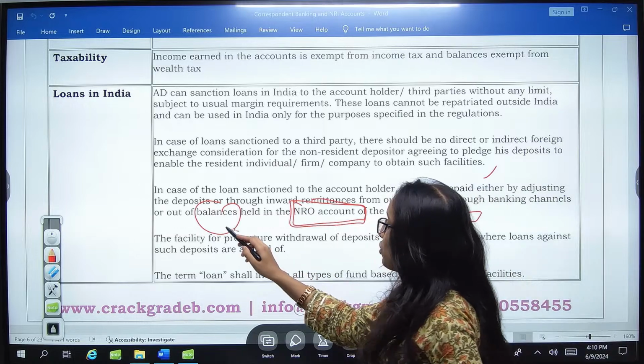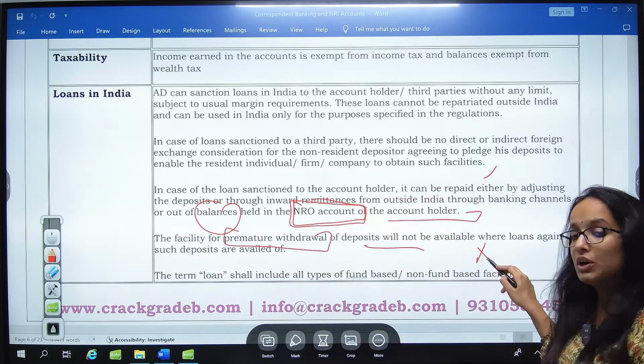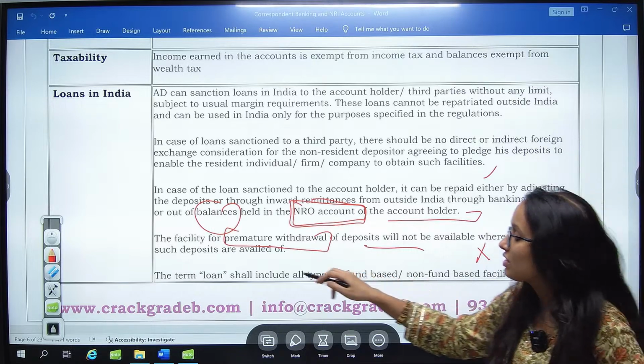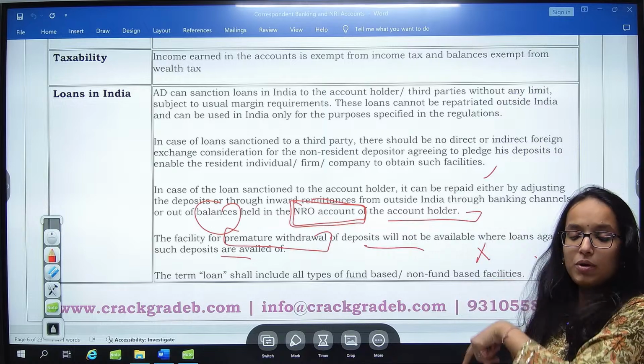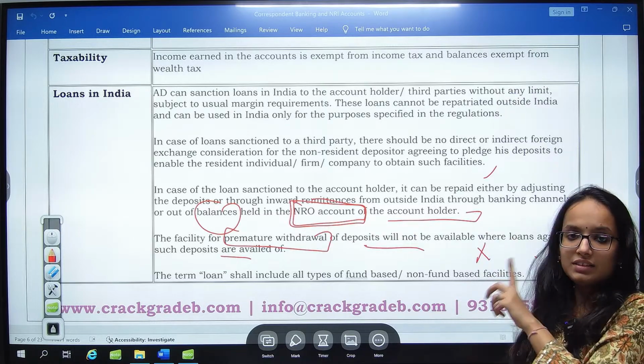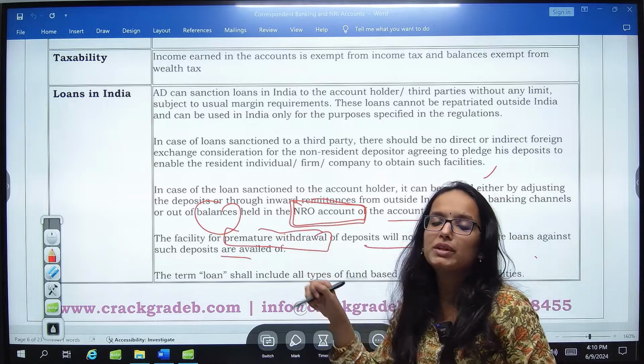The facility for premature withdrawal of deposits will not be available where loans are taken against such deposits. If you have taken a loan against these deposits lying in your FCNRB account, then you cannot have the facility of premature withdrawal.